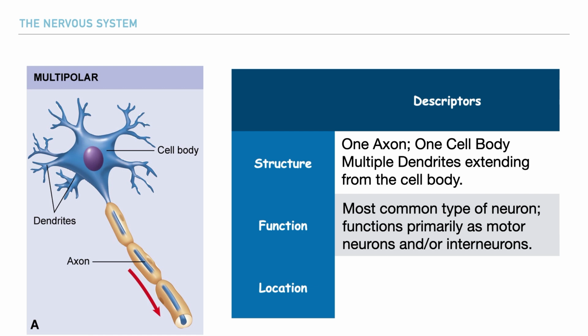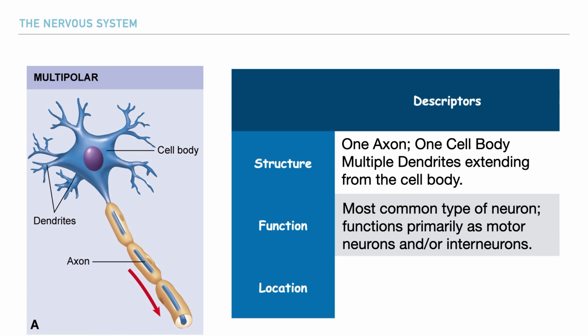A motor neuron indicates that this type of neuron is going to play a role in producing some type of movement for the body. And when we use the term interneuron, I like to think of these as relay neurons. In other words, their responsibility is to take and transfer nerve signal messages.